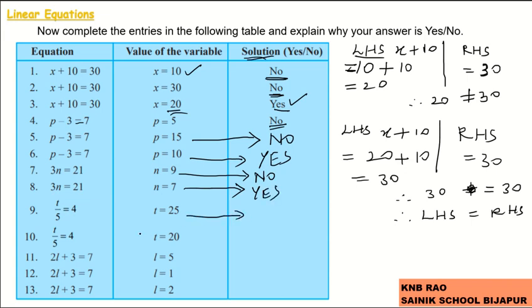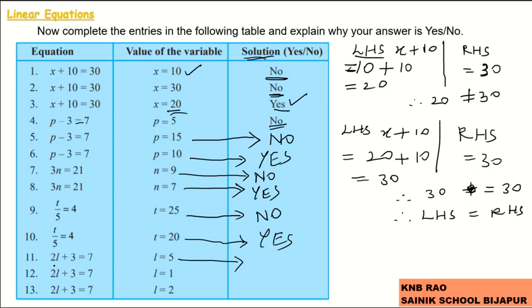In the case of t equals 25, 25 by 5 gives you 5, 5 cannot equal 4, so it is no. When t equals 20, 20 by 5 gives you 4, 4 equals 4, therefore it is yes.